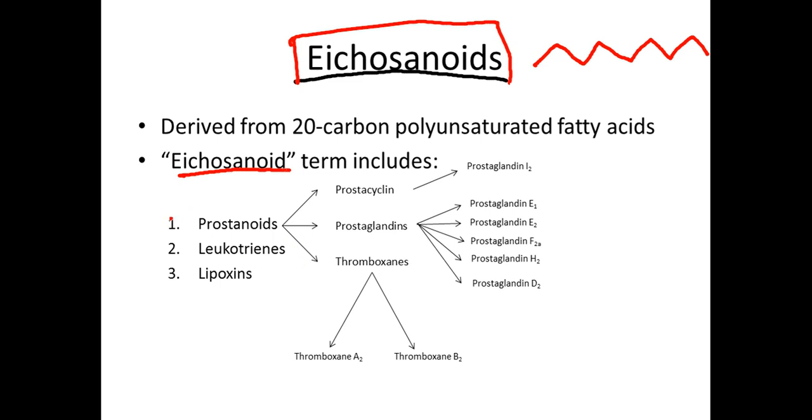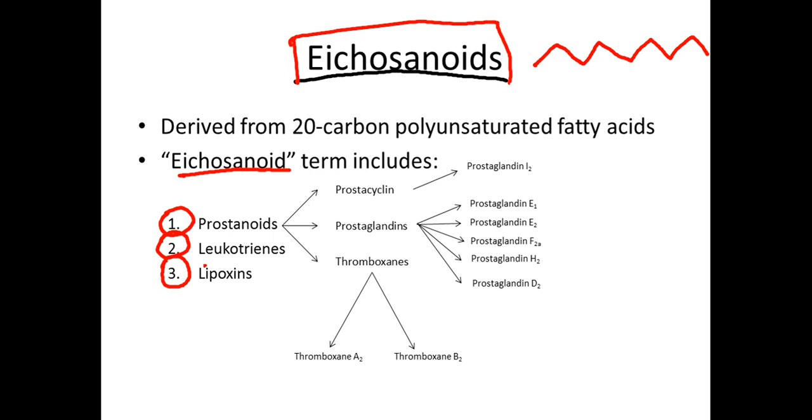Now, when I say eicosanoid, what does that mean? Well, it includes three general categories of molecules: the prostanoids, the leukotrienes, and the lipoxygens. When I say prostanoid, it can mean a prostacyclin, a prostaglandin, or a thromboxane. I'm diving into the deep end right now, and I don't mean to confuse you, but this is the basis of the body.